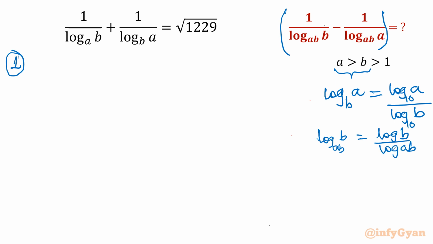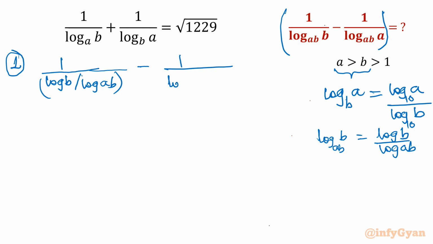Similarly, log a base ab, we can write as log a over log ab. So let me put the value here. I can write 1 over log b over log ab, all bases are base 10, minus 1 over log a over log ab.